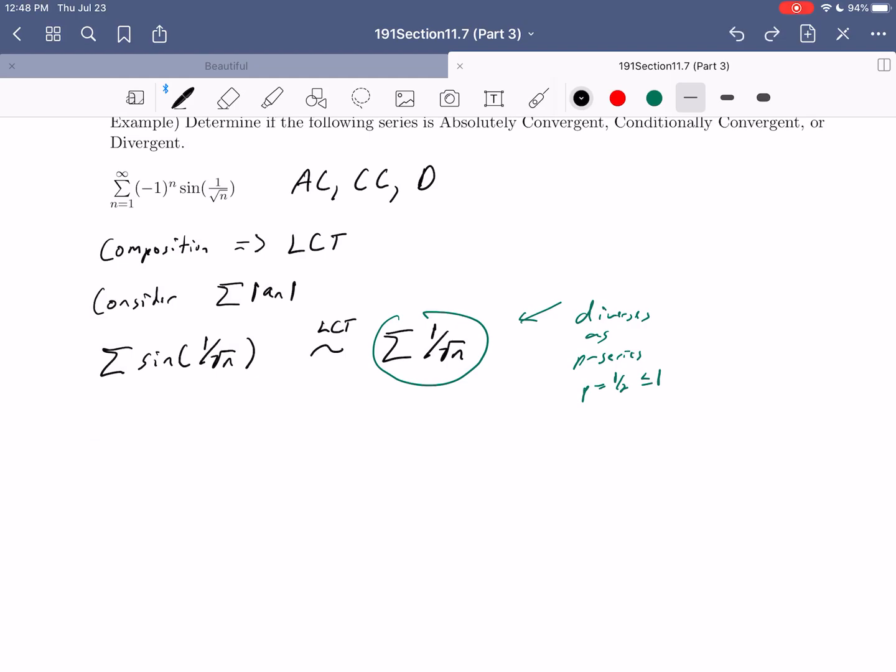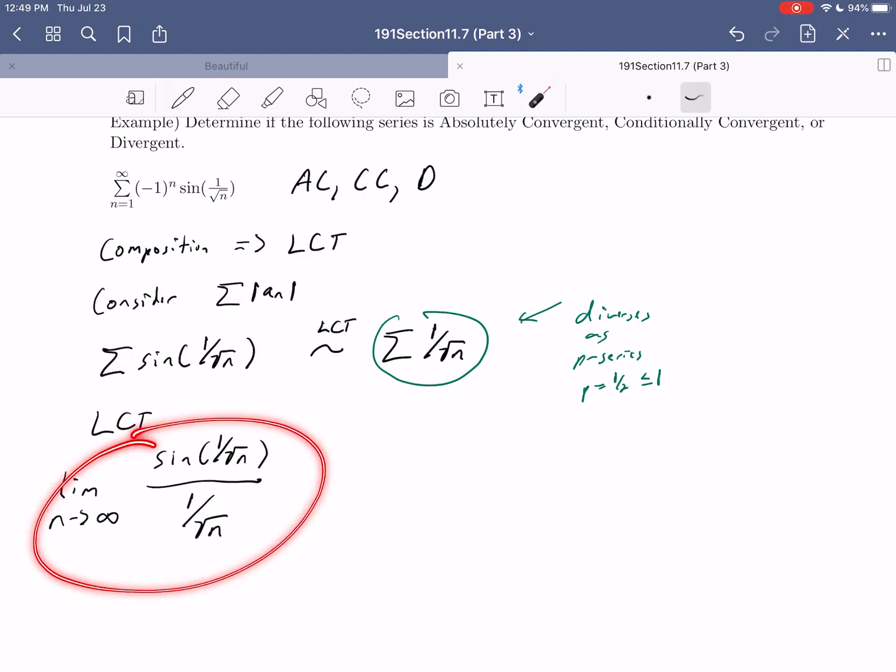So what does an LCT actually look like here? It's going to be the limit as n goes to infinity of sine 1 over root n divided by 1 over root n. If we look at that, as n goes to infinity, sine of 1 over square root of infinity, that's 1 over infinity, that's going to be 0.